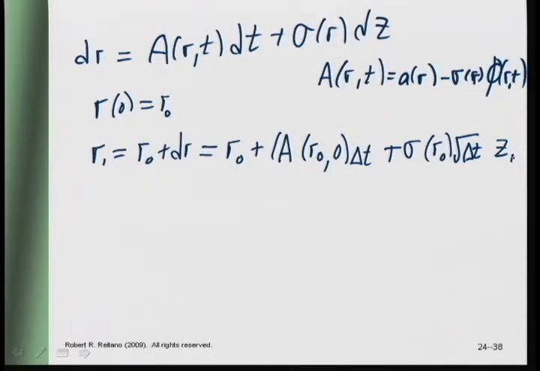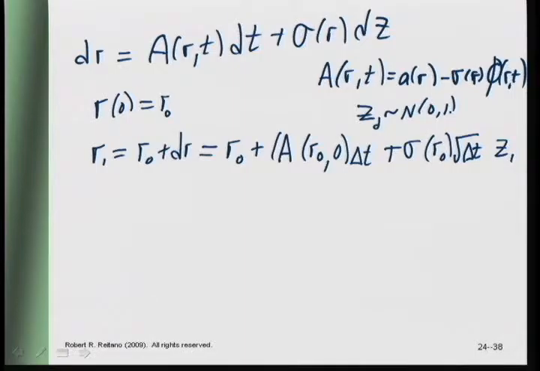So it's easier for me to write this as square root of delta t times a standard normal. So z1 is a standard normal. All of my z's are going to be standard normals. So now I have R1. That's the estimate, based on this process, of the value of the overnight rate at time delta t.